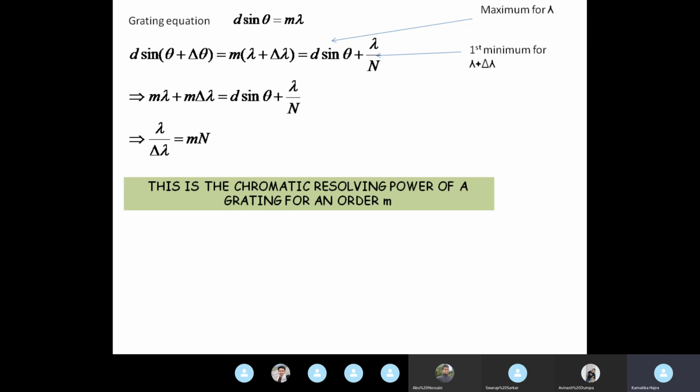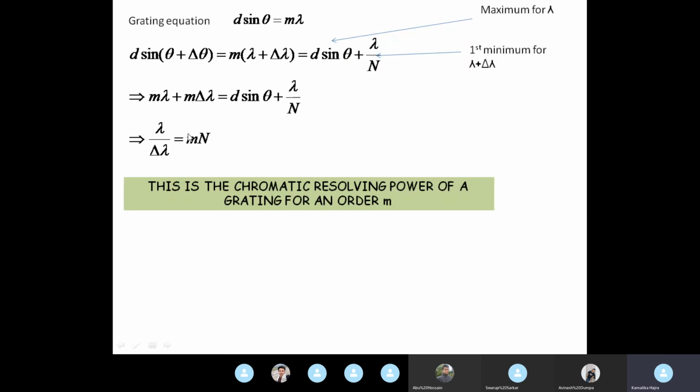Say you are given a grating and you have to resolve the sodium lines, separation for which is 6 angstroms. What is the minimum number of lines in the grating in order to resolve these lines for the first order?